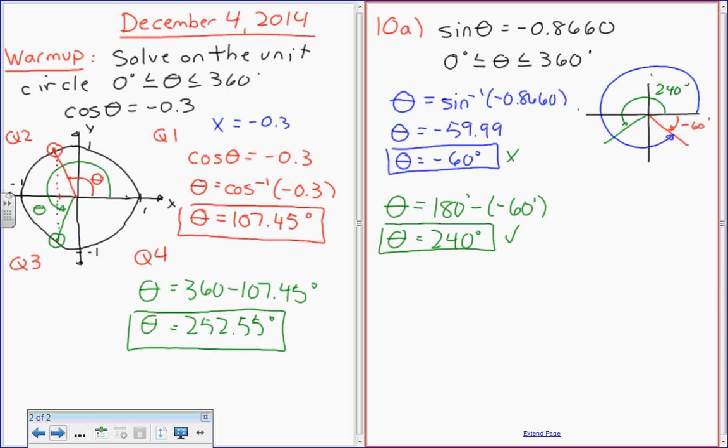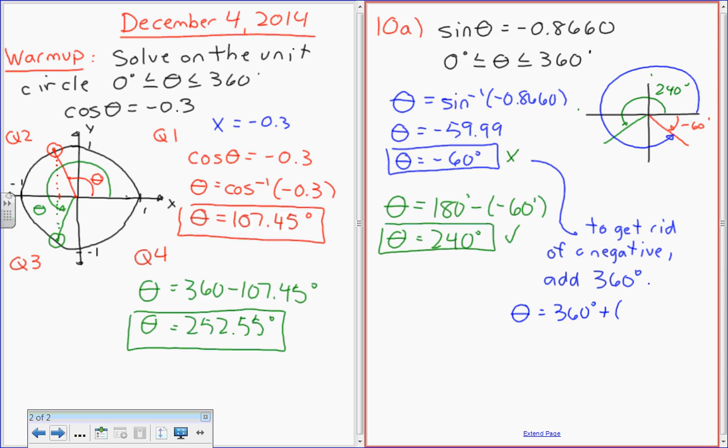Yeah. So to get rid of a negative, add 360 degrees. Okay, so theta is actually going to be 360 plus negative 60. Theta is 300.